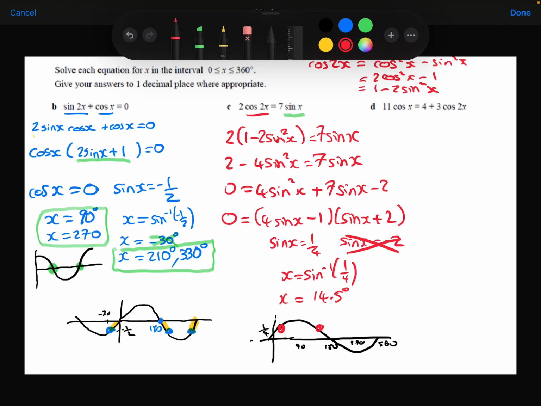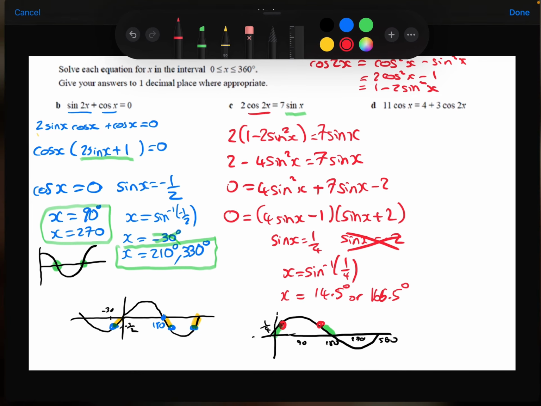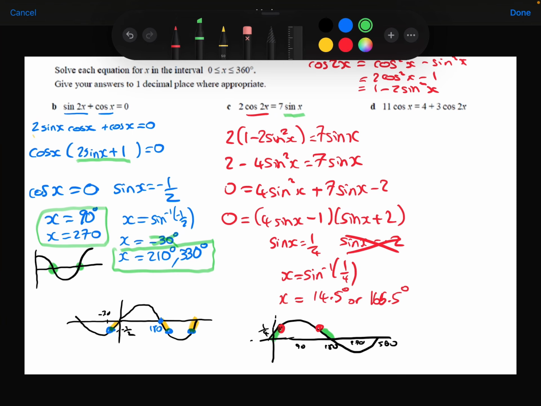So these are my two solutions when sine equals 1/4. I know that's 14.5, so this here is going to be 180 minus 14.5, which is 165.5. So these are my two solutions for that question.